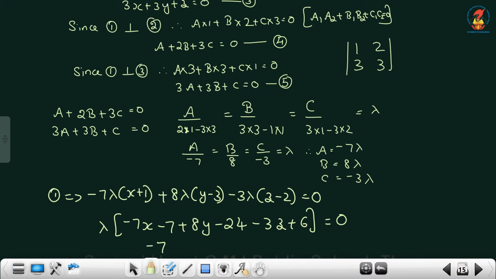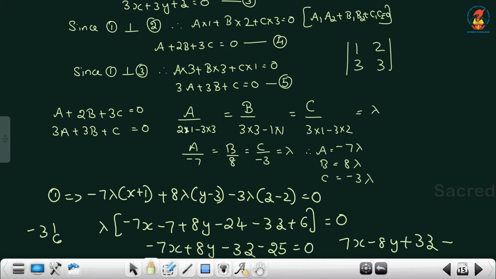So you have to write minus 7x plus 8y minus 3z, then minus 24 and 7 is minus 31, and 6 is minus 25, equal to 0. Or multiply by negative: 7x minus 8y plus 3z plus 25 is equal to 0. That way also you can write.